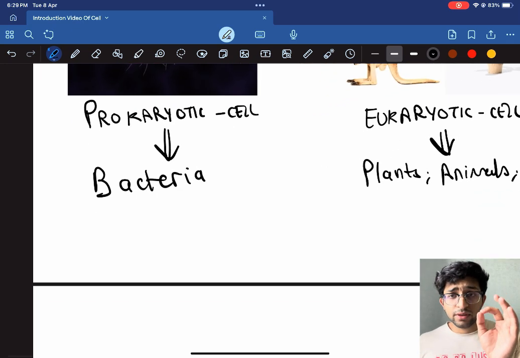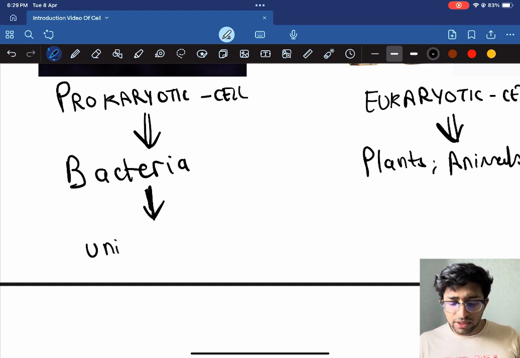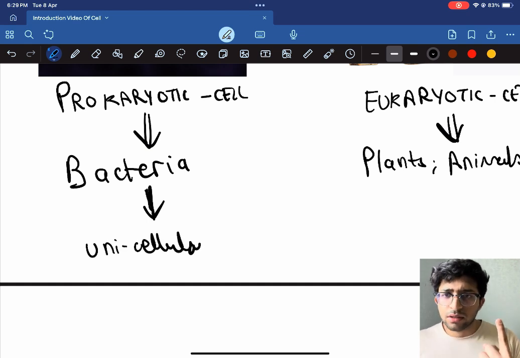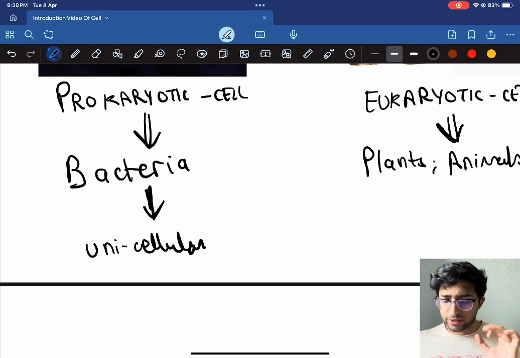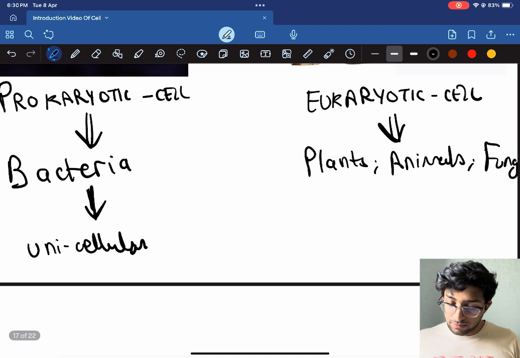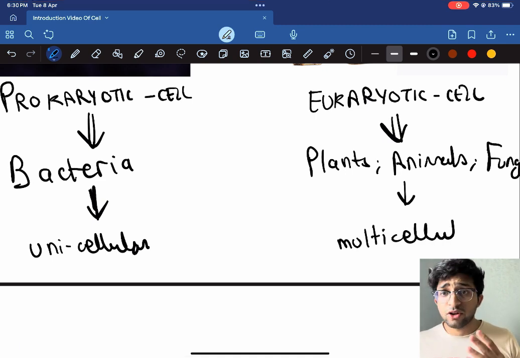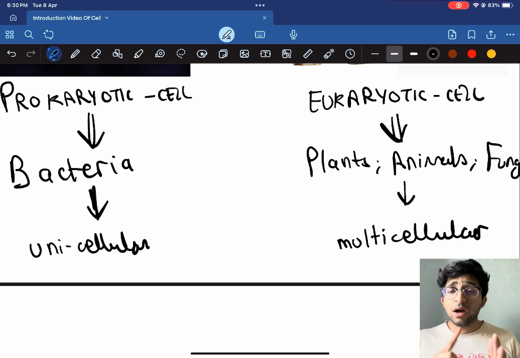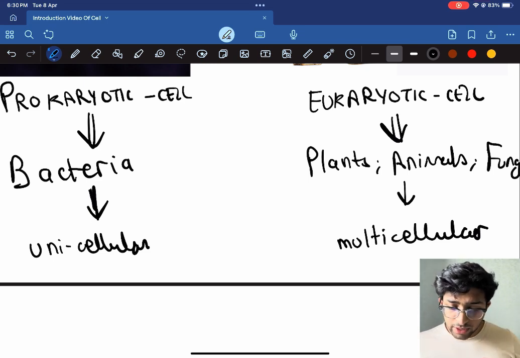The main difference is that prokaryotic cells are unicellular. That means there is only one type of cell responsible for making a fully grown organism. And here they are multicellular. Multicellular means there are lots of different types of cells: heart cells, liver cells, kidney cells, brain cells, etc., right?